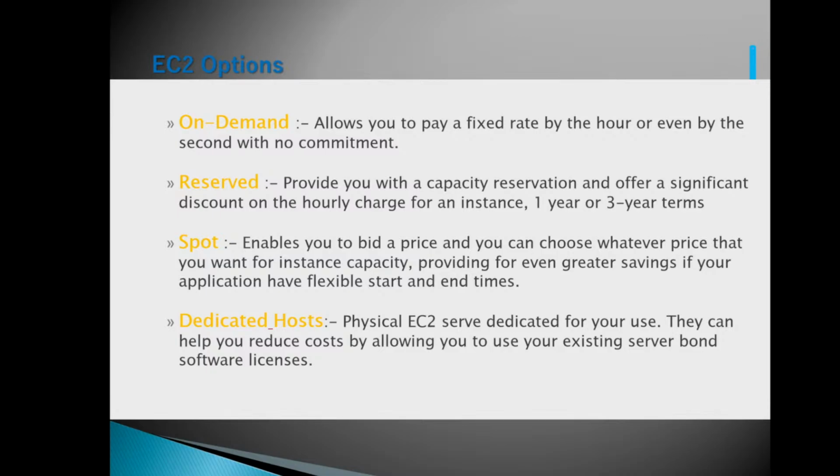The only disadvantage of spot instance is that Amazon can take that machine from you anytime. They can terminate or stop the machine anytime they want. Whenever they get a higher bidder for your EC2 machine, they are going to terminate your machine.